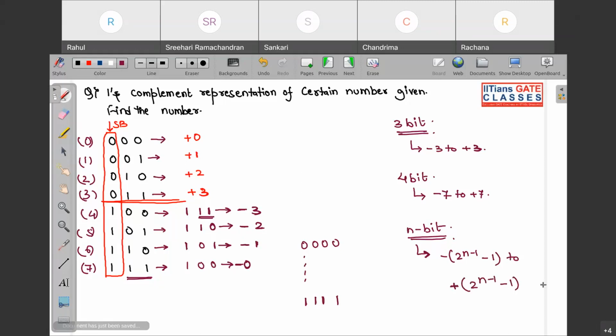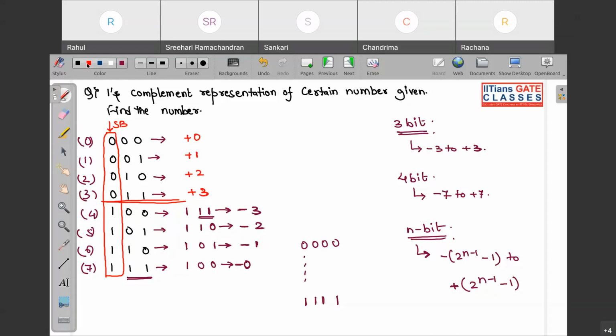Usually students get confused, so whenever you get confused, you can draw it for 3 bits or 2 bits and verify the formula, because in 2's complement representation this formula also remains the same, with just a little bit of change.